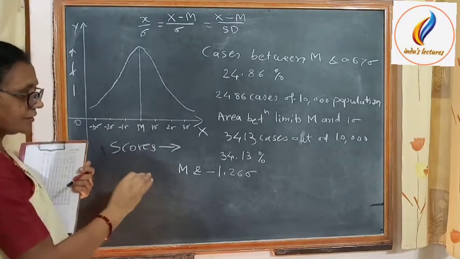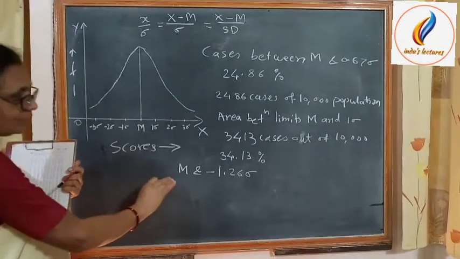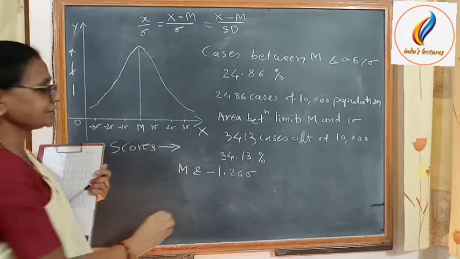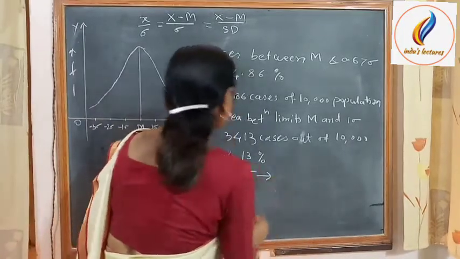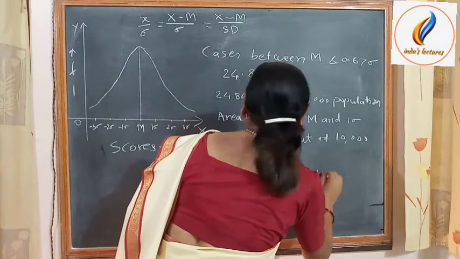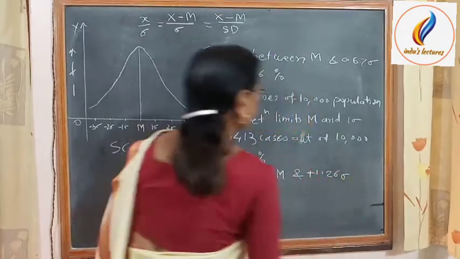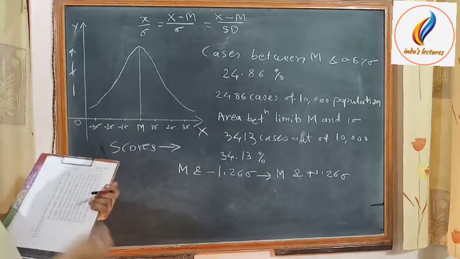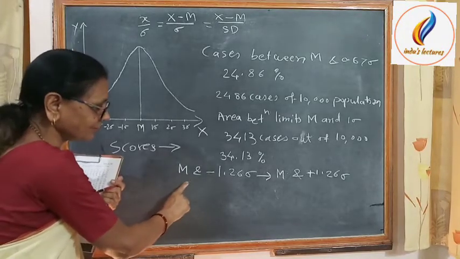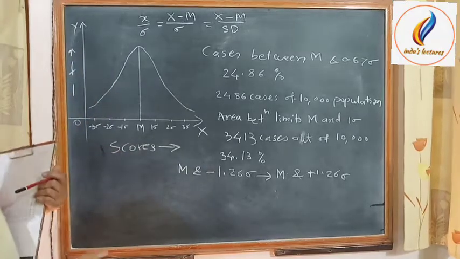Therefore, the number of cases between mean and minus 1.26 sigma is the same as the number of cases between mean and plus 1.26 sigma.